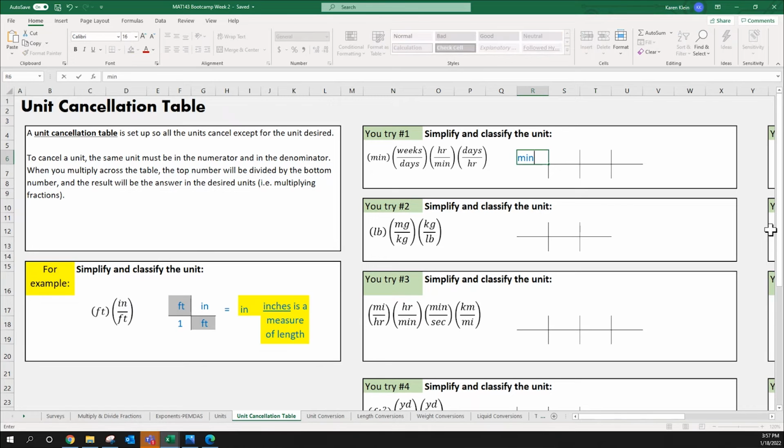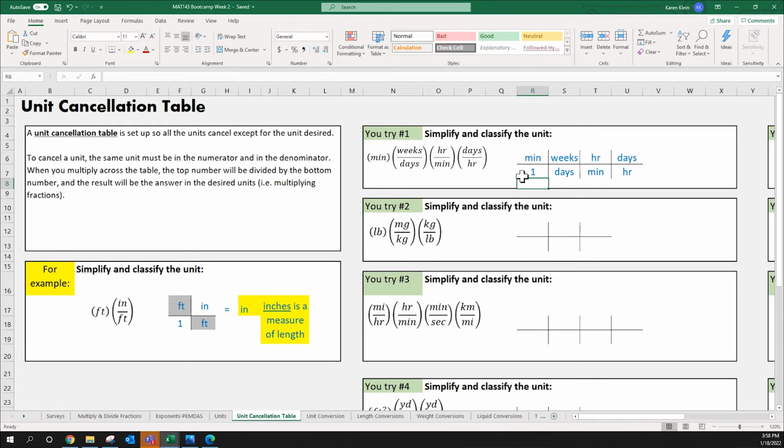I'm going to type in, I have minutes, I have weeks, I have days, I have hours, minutes, days, and hours. So if I multiply these three fractions together, I have minute over 1, and then I have all the other fractions.